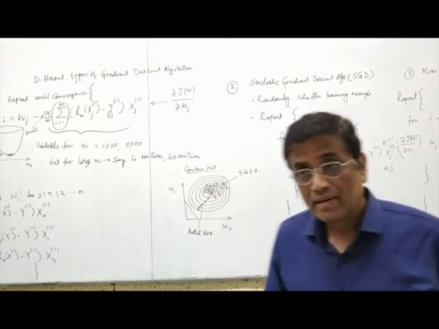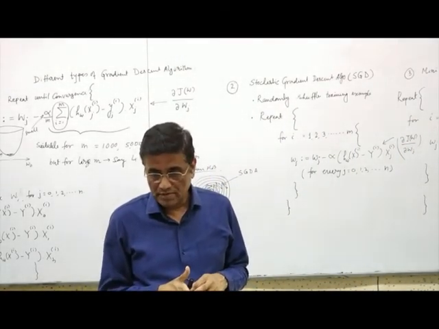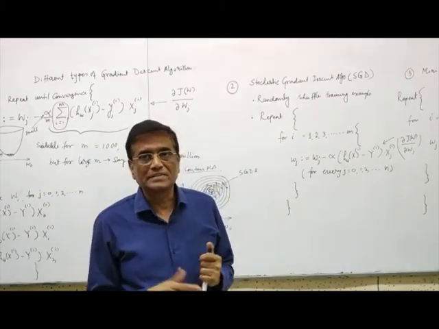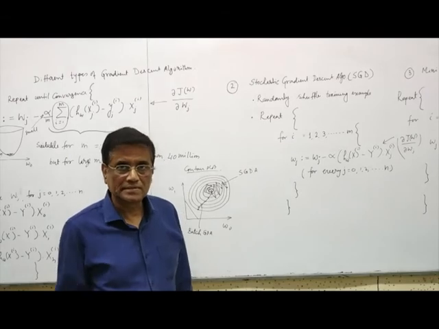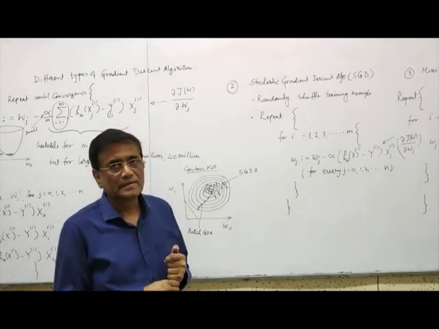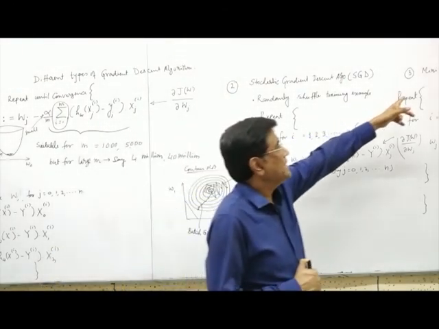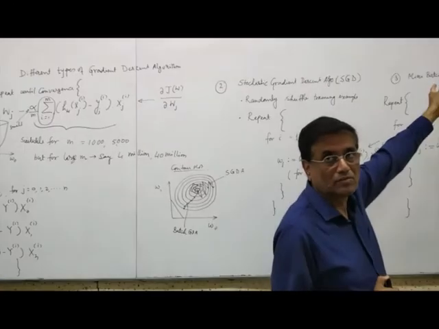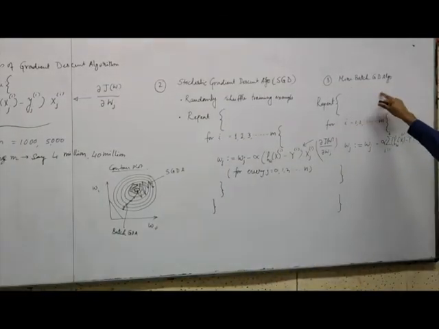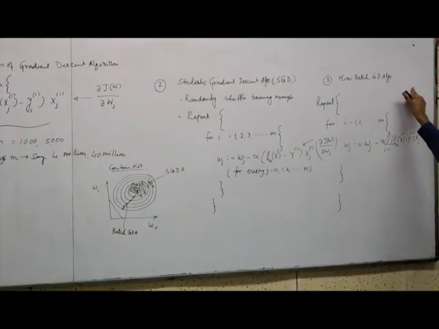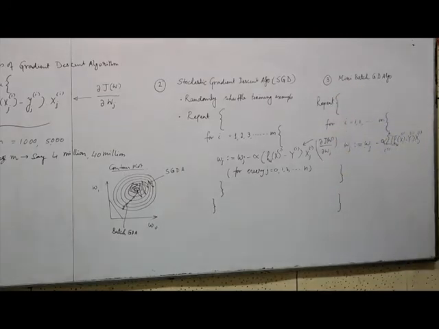What if we could design another algorithm which will take the best of both algorithms? That is precisely done, and the name of the algorithm is MiniBatch gradient descent algorithm. The term mini is significant here.